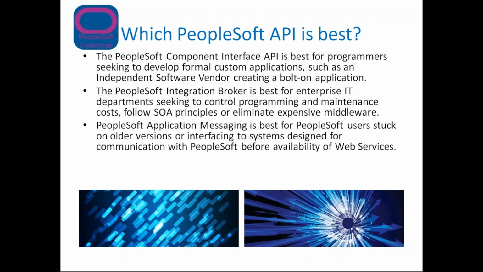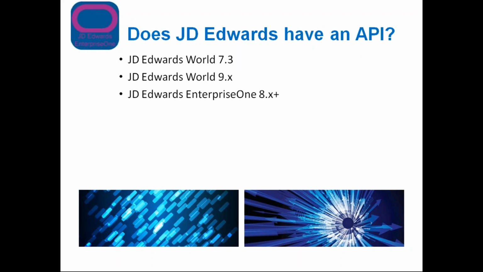But if you're an enterprise IT department, then PeopleSoft Integration Broker is definitely going to probably be your best bet, unless you happen to be on those older versions, and then maybe PeopleSoft Application Messaging is the way that you have to go. And it's not that much more awkward than the web services, but web services are just a little bit more service-oriented in their architecture.